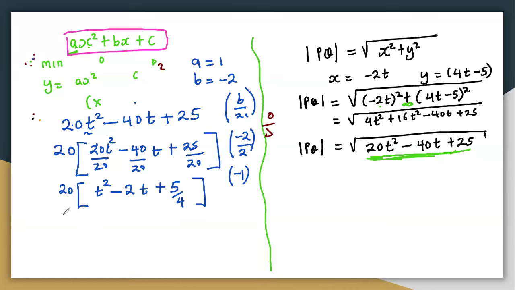Now, when you get -1, we shall come back and say this is 20 into t squared minus 2t, then plus -1 squared minus -1 squared plus 5 out of 4. Members, why don't you first complete this for me? You first complete and we see what we get.